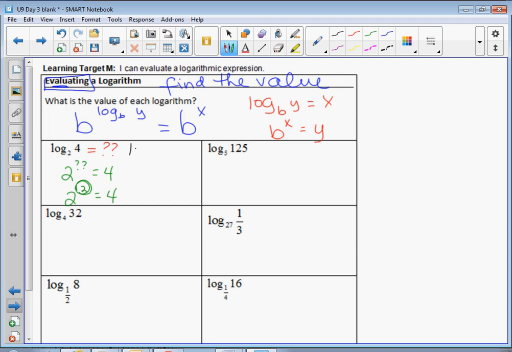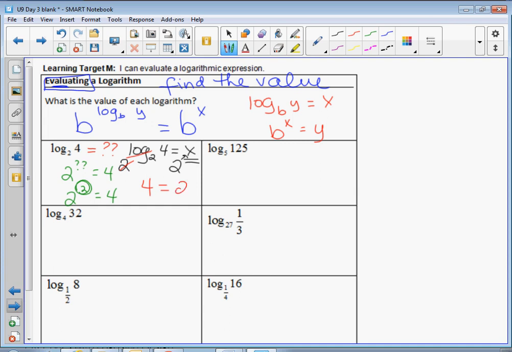If you do it the way I just showed you on the previous page, log base 2 of 4, let's say it equals x. We're wondering about those question marks, let's just call it an x. What does this equal? So take your base of 2 and write that as your base, and then log base 2 of 4 becomes your exponent. Put a base of 2 on the right, and your x becomes your exponent. When you do that, the 2 and the log base 2 cancel.